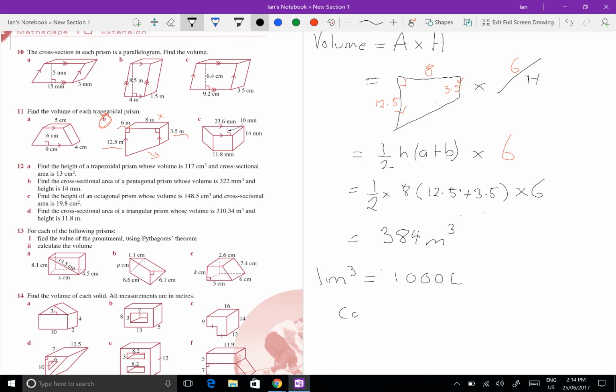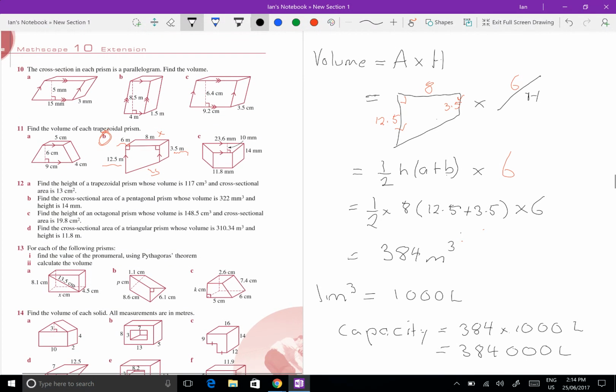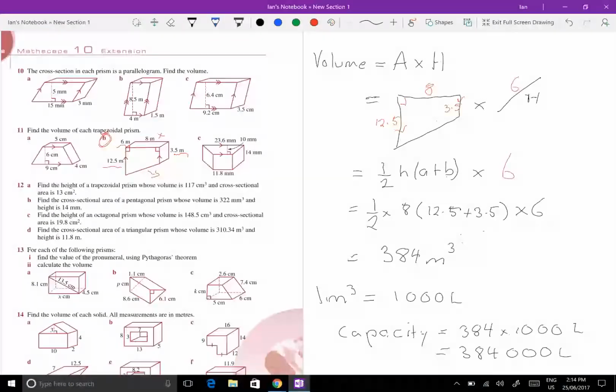So our capacity is 384 times 1,000. Now I'm in litres, converted from meters cubed to litres. Don't forget that little bit. So that should be all right. You should be okay with doing your volume of a pool.